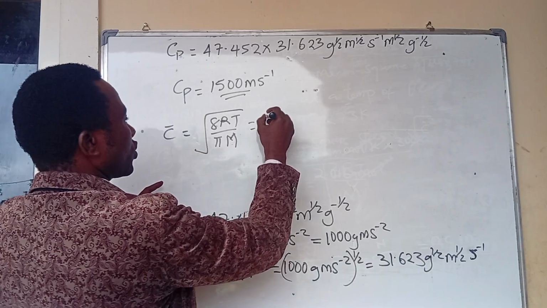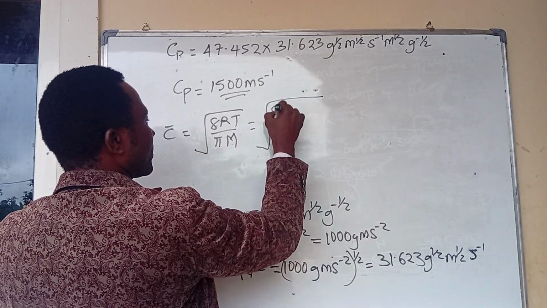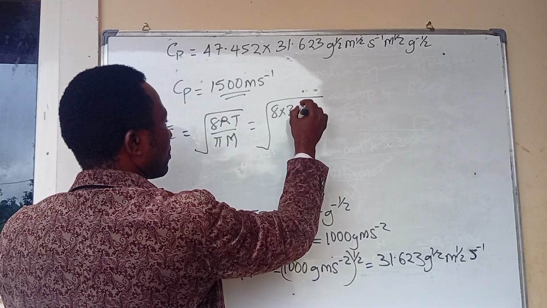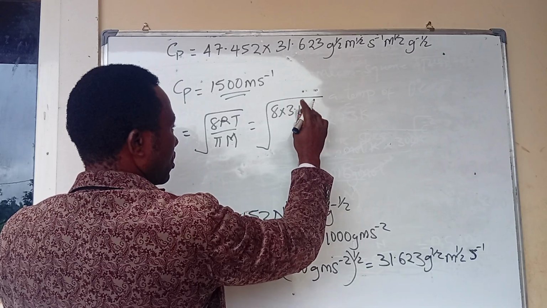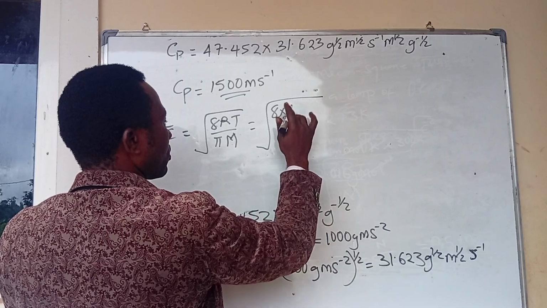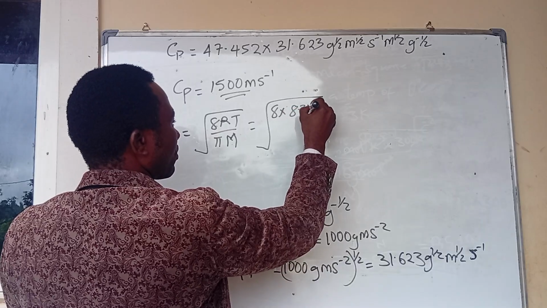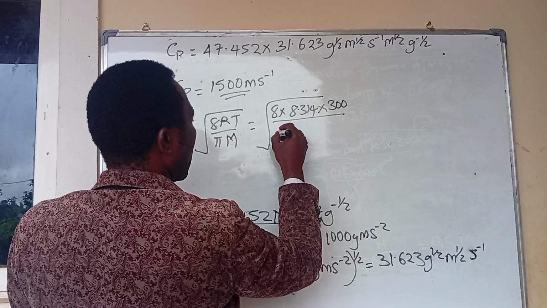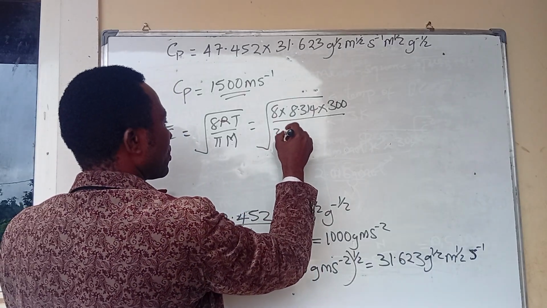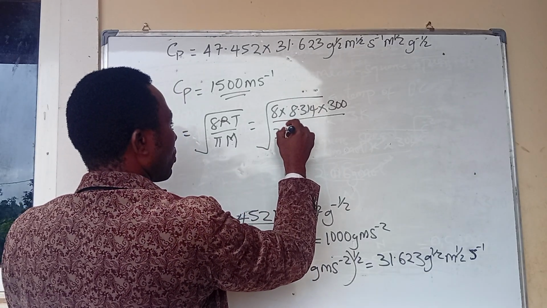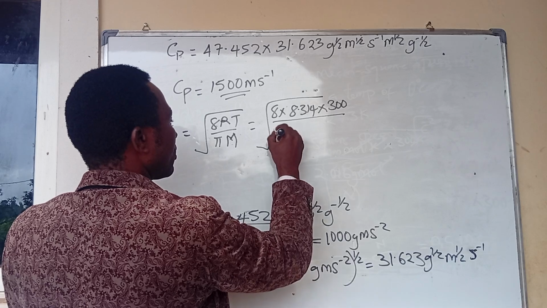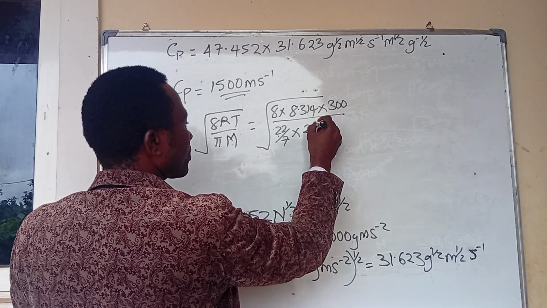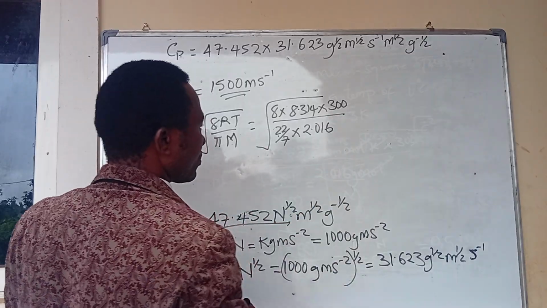So this will be equals to square root of 8 multiplied by 8.314, then multiply by temperature, which is 300, divided by pi, that is 22 over 7, multiplied by molar mass of oxygen, 2.016.